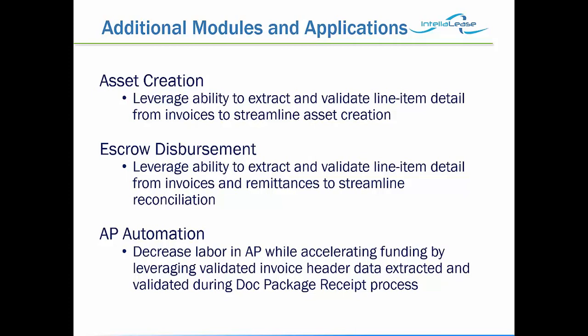It's interesting functionality that people have expressed interest in. Escrow disbursement: leverage the ability to extract and validate line item detail from invoices and remittances to streamline reconciliation. And then, of course, AP automation, which is a strong suit for us. We've been doing it for many years. Decrease labor in AP while accelerating funding by leveraging validated invoice header data, in this case, extracted and validated during that doc package receipt process.